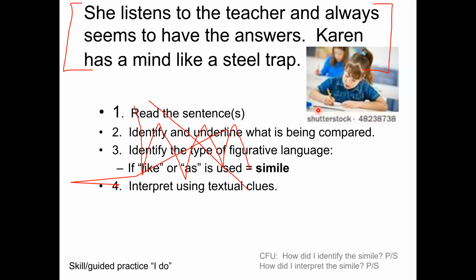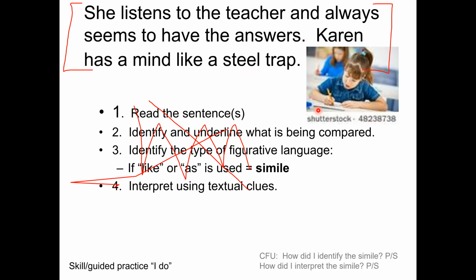Erica, what two things are being compared? Who wants to help out? Go ahead, Tia.